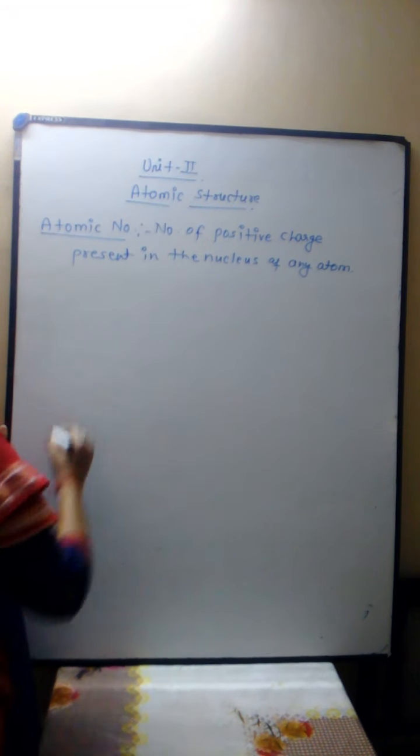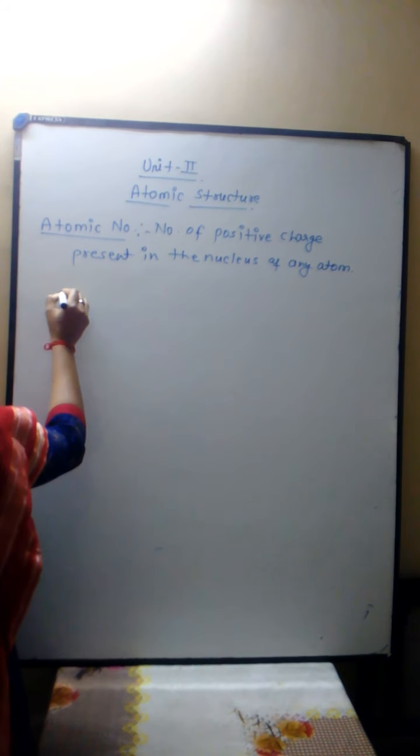In unit 2, atomic structure, today we take the atomic number definition. First we see what atomic number is. Atomic number is defined as the number of positive charges present in the nucleus of any atom. And we know that in an atom, the proton has the positive charge.